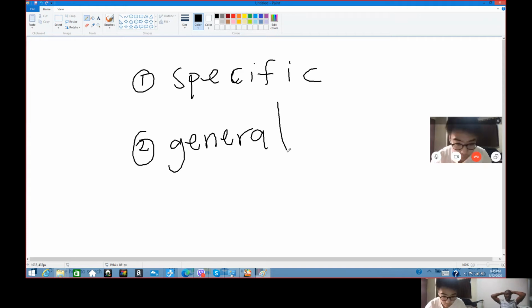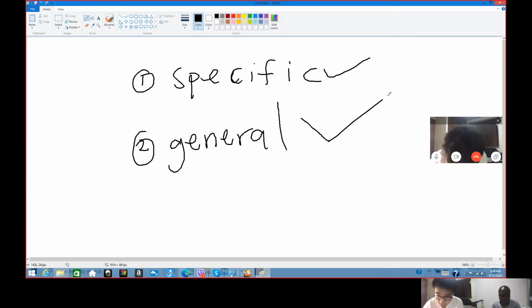So we are saying that an article shows if a noun is specific or general. That's all. So that's the definition. I will send you the screenshot. An article tells if a noun is specific or general.